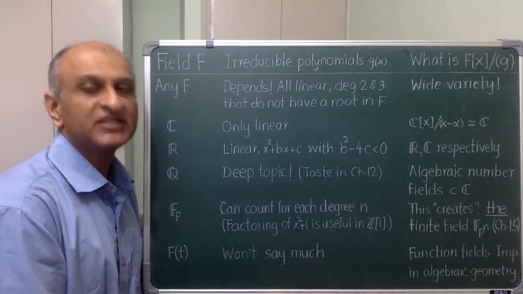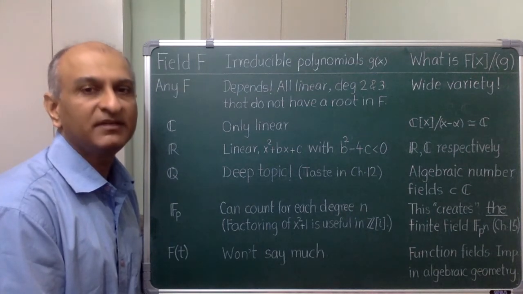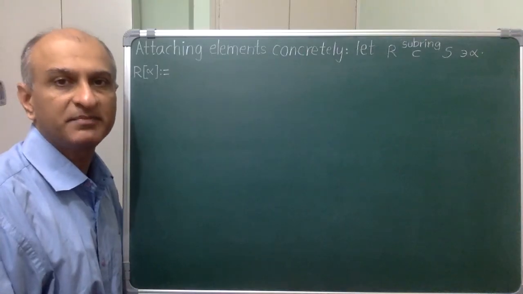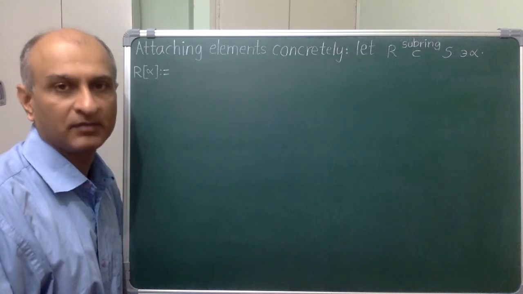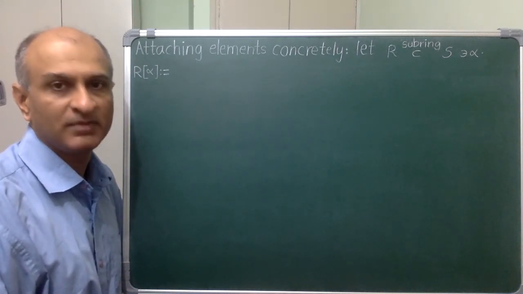But for now, let's learn the language of attaching elements. It is particularly useful for field theory, but can be defined for general rings. So let us see that. Let's see what it means to adjoin or attach an element alpha to a ring R. This is equivalent to just talking about quotients of polynomial rings.